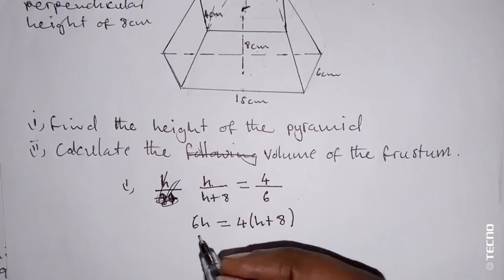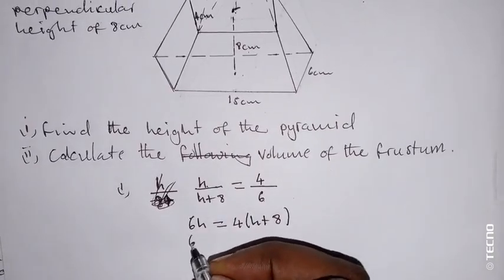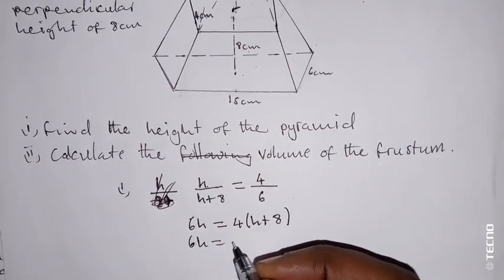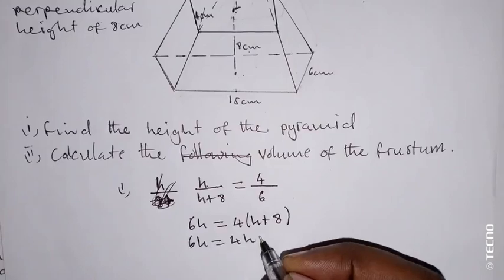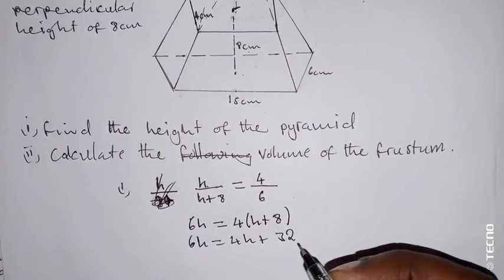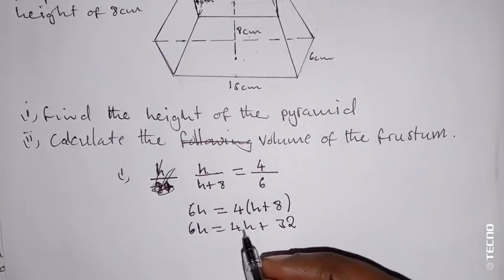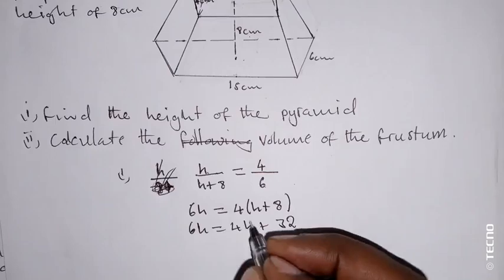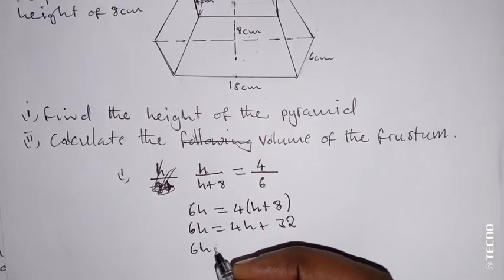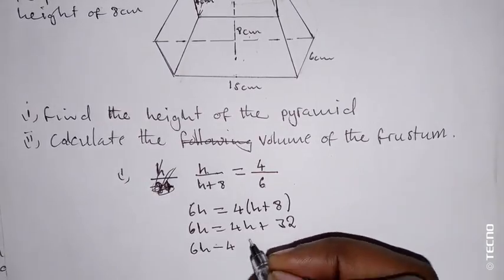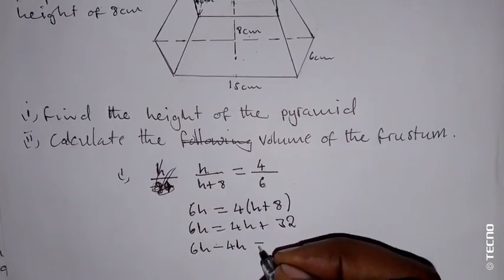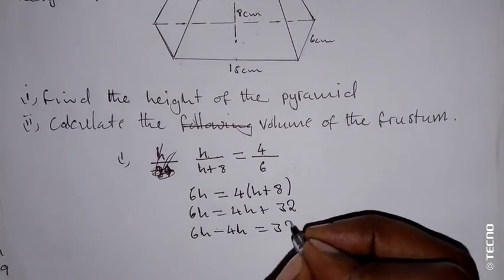Having this, we simplify: 6H is equal to 4H plus 32, once you multiply. Now when this goes across the equal sign, the additive inverse, it's going to be 6H minus 4H is equal to 32.